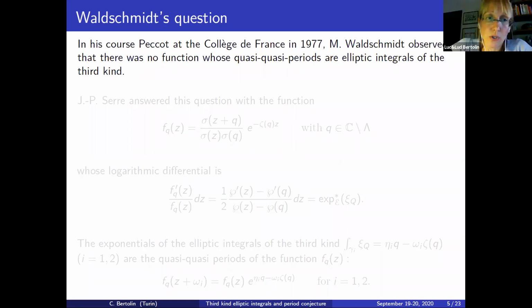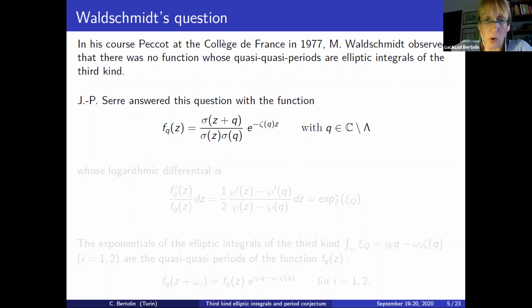A solution was found by Serre, who proposed the following function, f_q(z) equal to sigma of z plus q over sigma z sigma q, multiplied by e to the minus zeta q z, for any small q in C minus the lattice.